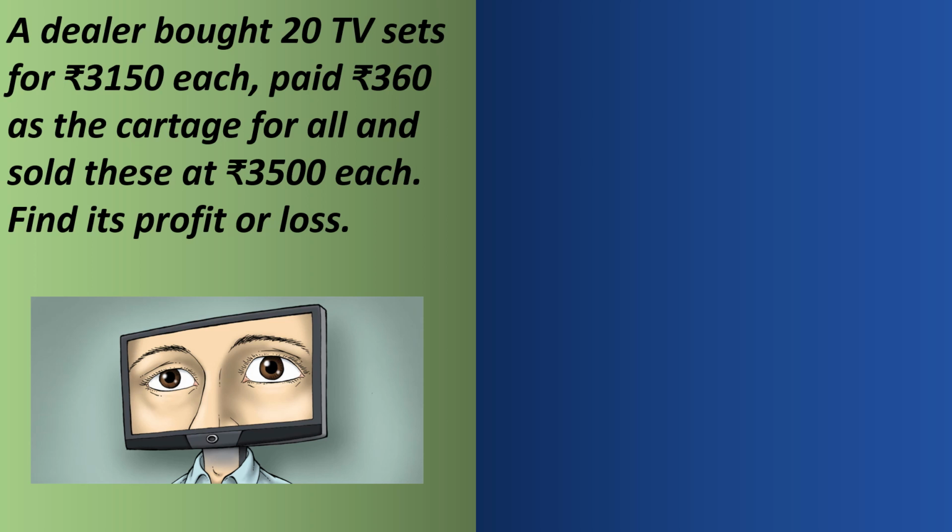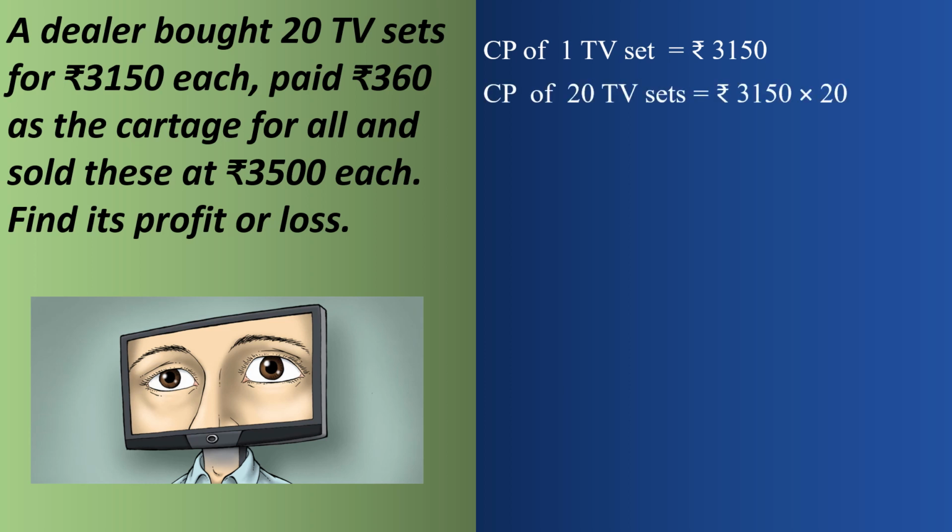What is given to you? Cost price of one television set is rupees 3150, and the dealer bought 20 television sets. So at first we will find out the cost price of 20 TV sets: rupees 3150 multiplied by 20 equals rupees 63,000.